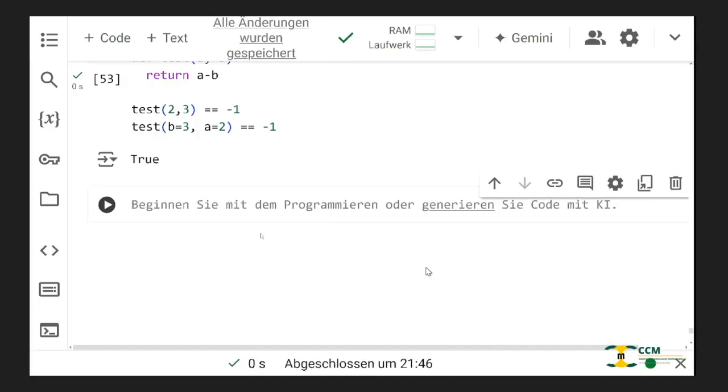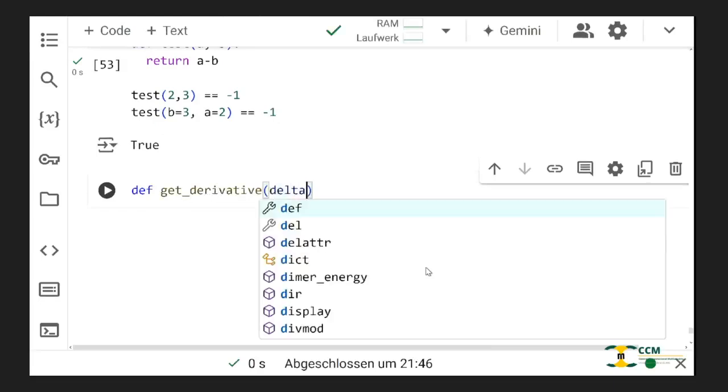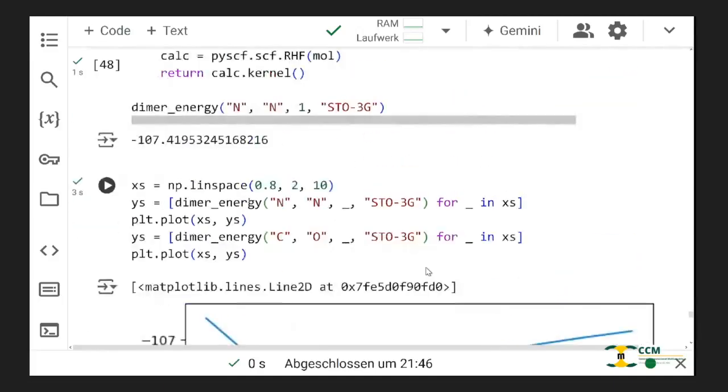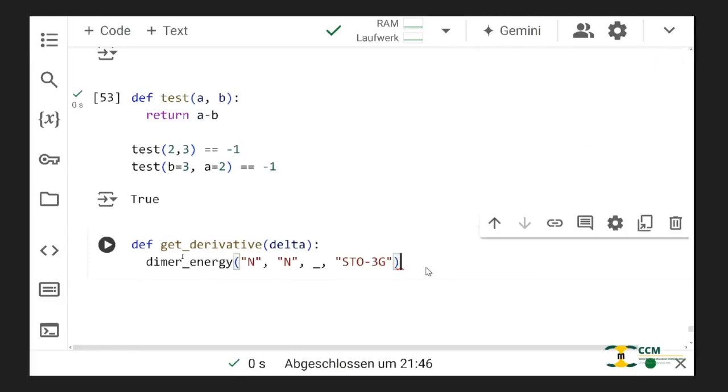So we can first try one displacement. So get derivative, where I say this is delta, and I say so supposed to do this at a certain location.